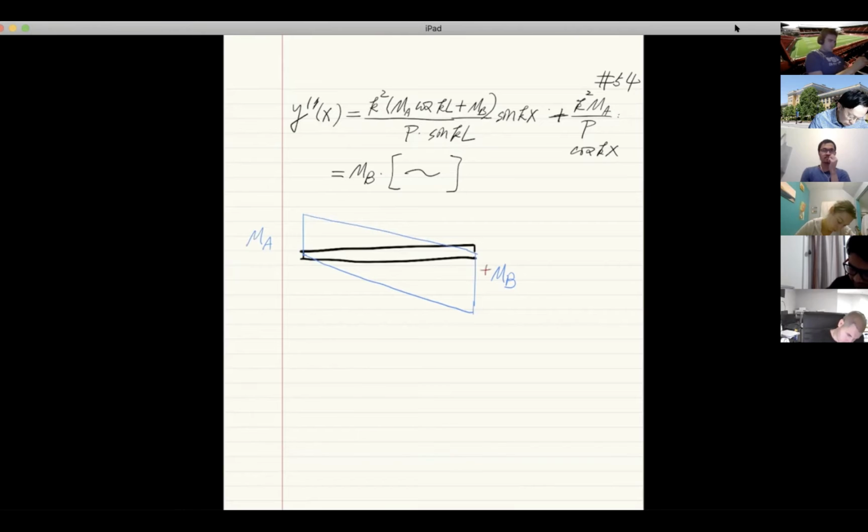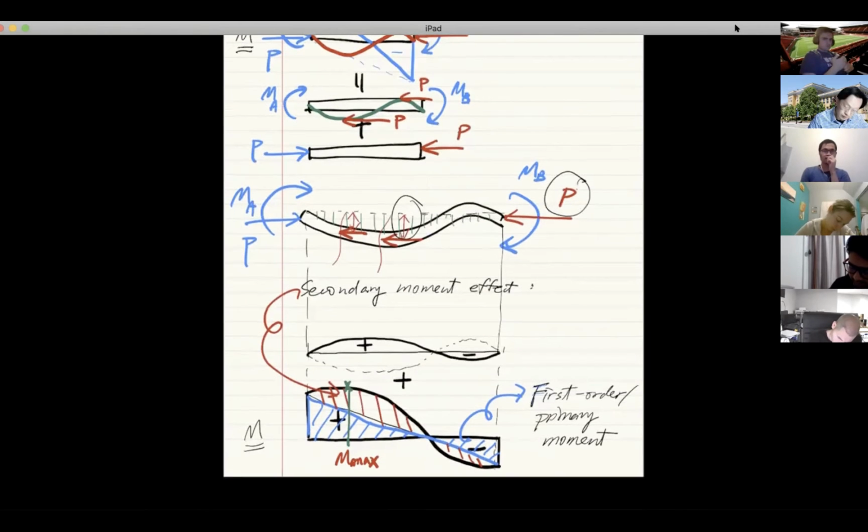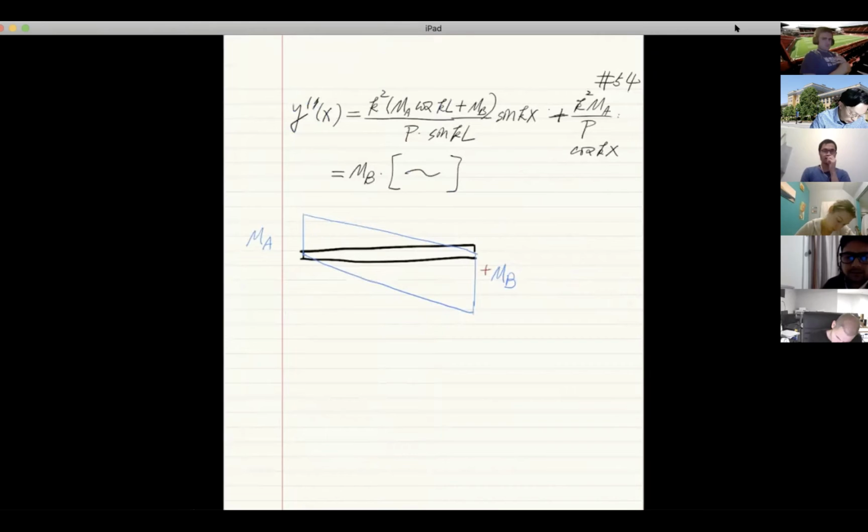This is the positive direction of MB that we assume, which means that if MB is positive and MA is positive, the moment will actually be the one we just developed here, right? This will be the actual M moment.